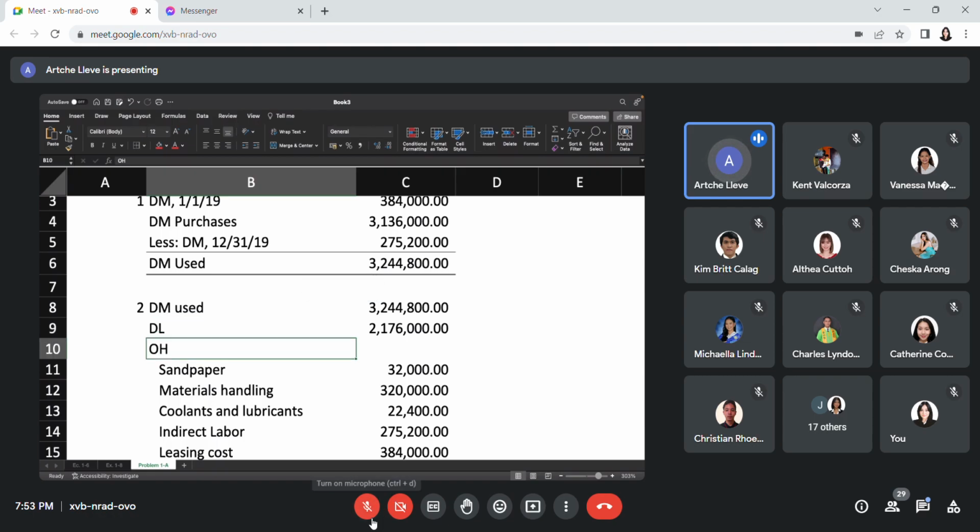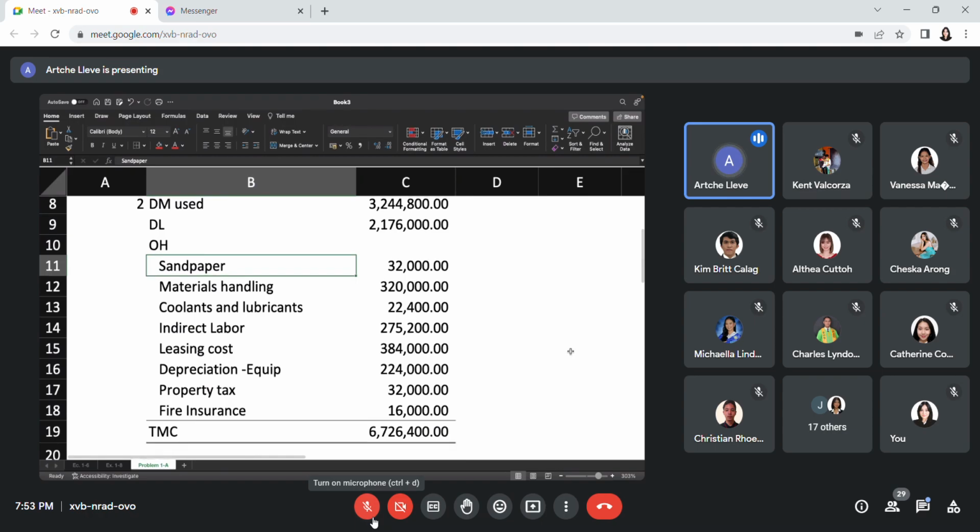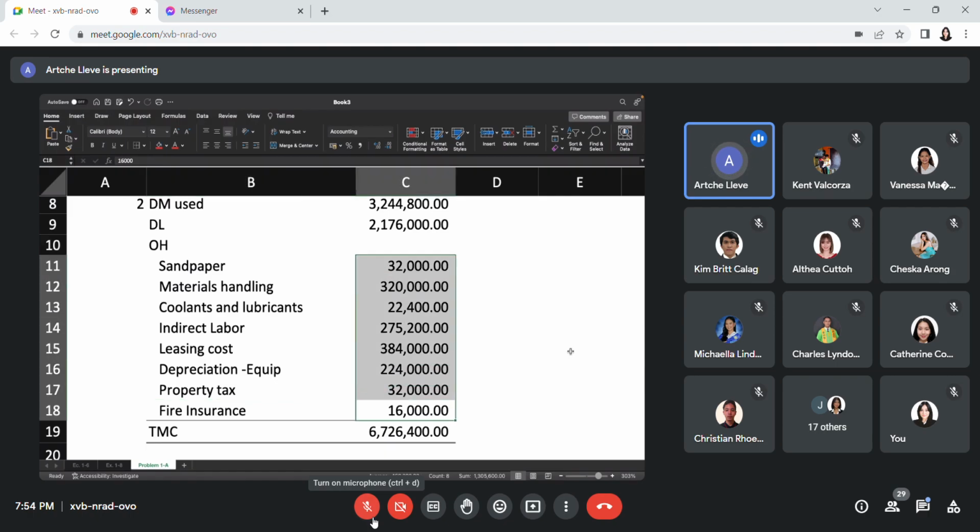Your overhead now comprises sandpaper, materials handling, coolants and lubricants, indirect manufacturing labor, leasing cost, depreciation equipment, property taxes equipment, then fire insurance equipment, for a total factory overhead of 1,305,600.